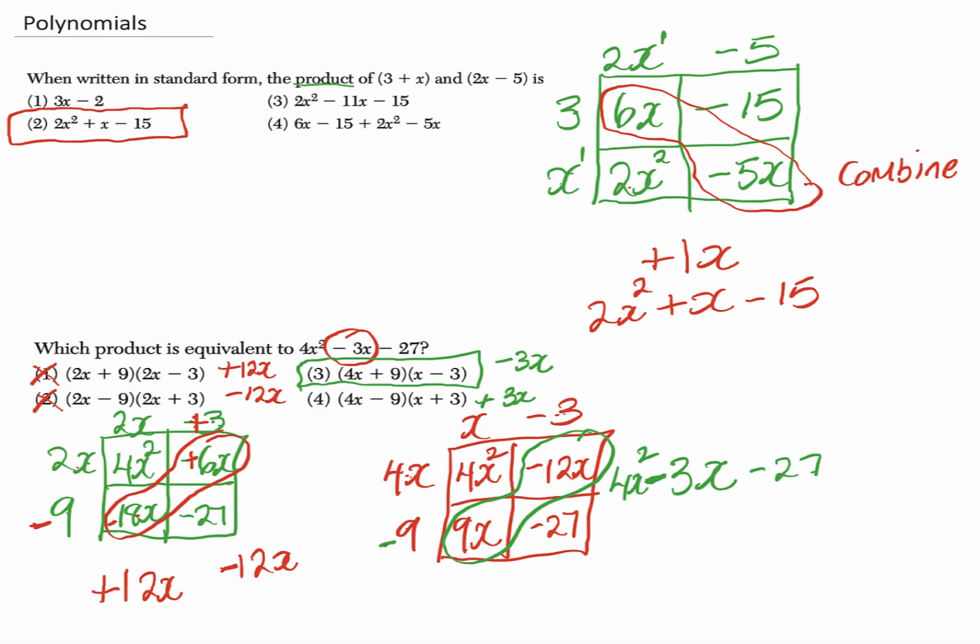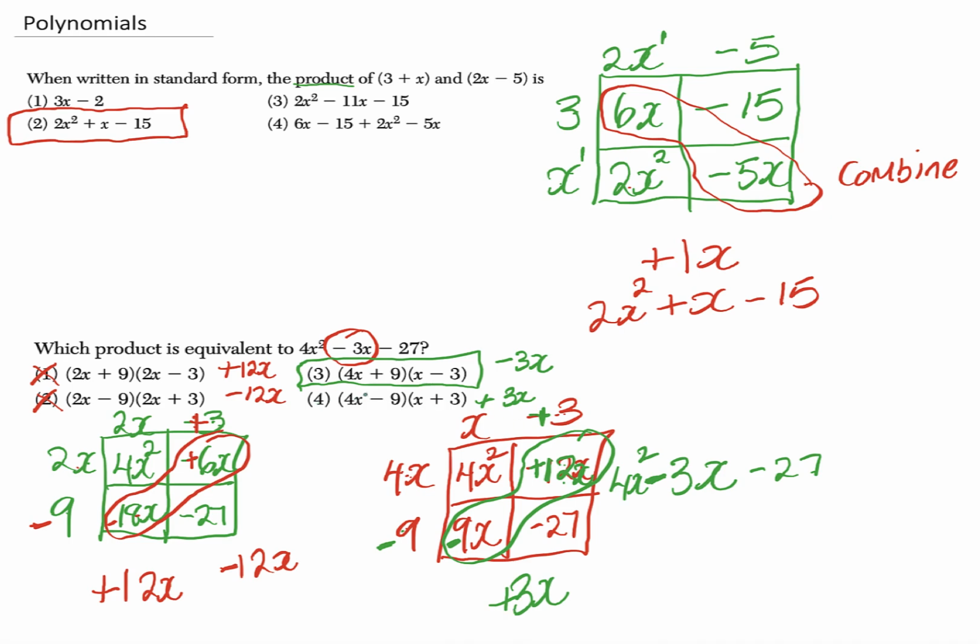So remember, this was a negative 9, and this over here was a positive 3. So 2 positives would give you a positive when you multiply. So that becomes a positive 12. And then here, a negative times a positive will give you a negative. And again, notice the signs are different. So you would subtract, which would give you a 3x. And because the 12 is bigger, that will give you a positive. So you didn't even have to multiply for number 4.